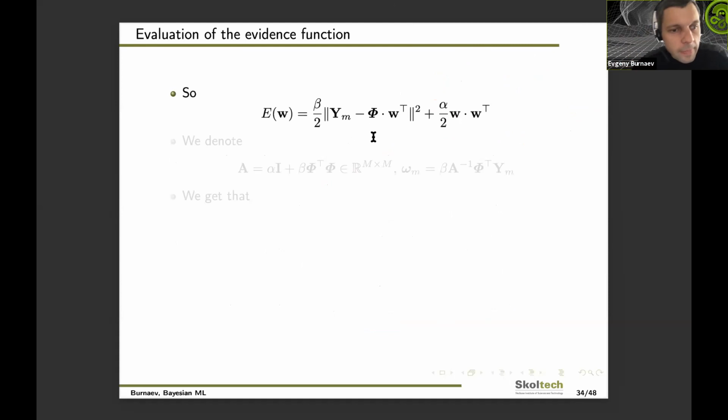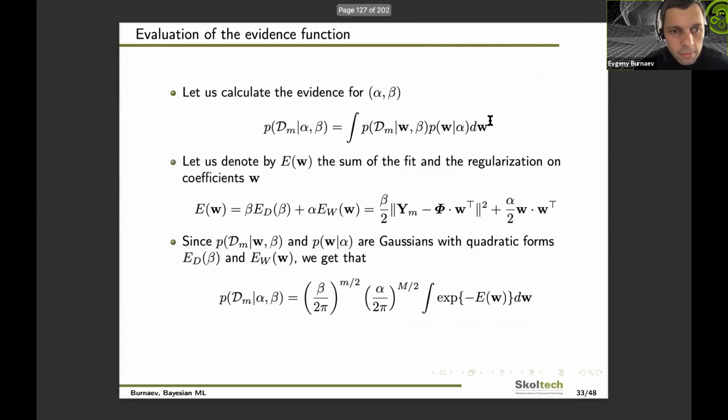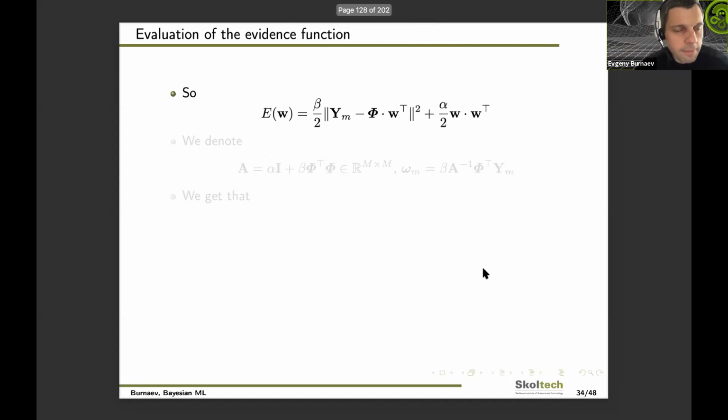Then what do I do? First of all, this is the quadratic form inside this integral. Of course, we know how to calculate the integral of the exponent of the quadratic form. This is the standard calculation. Let me explain how we can do this in quite an optimal manner. So this is the quadratic form.